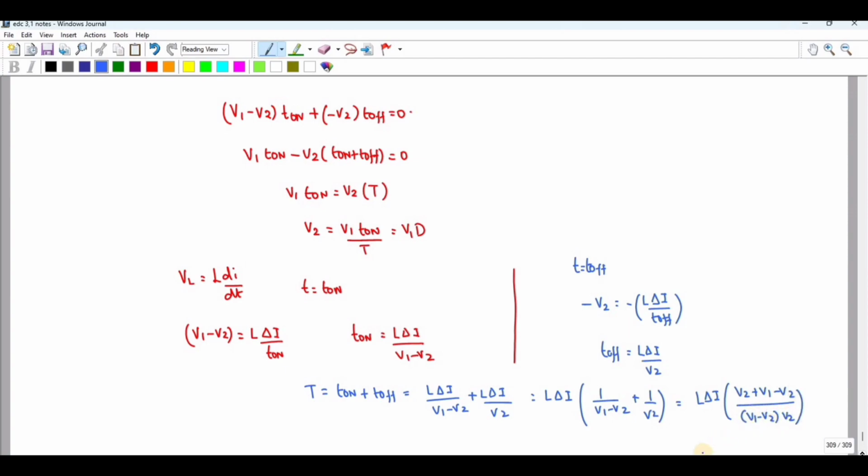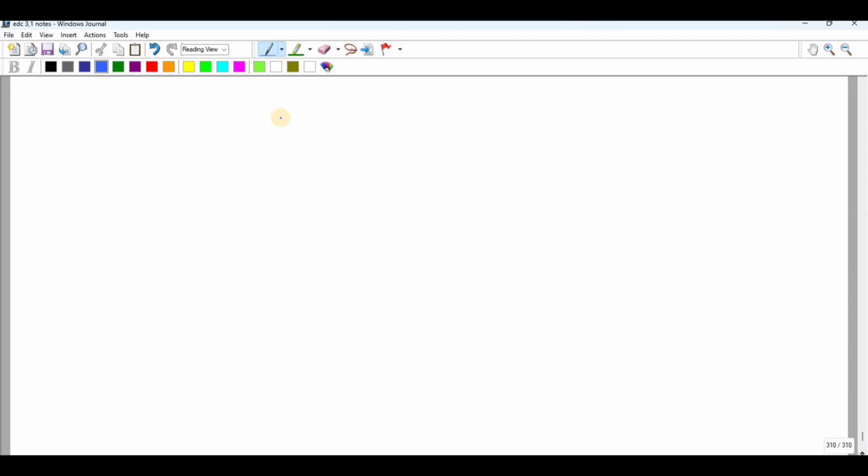On solving, the V2 and V2 get cancelled out, and you will get the value of L is equal to T into V2 (V1 minus V2) divided by del I V1.